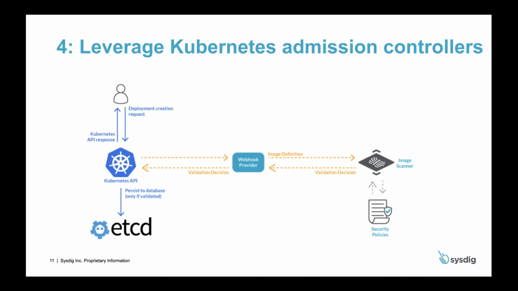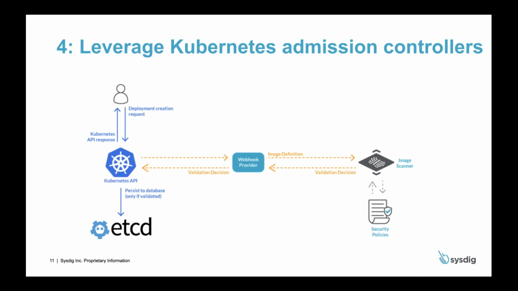The nice thing here is this will allow you to validate against any image that's being listed in the pod spec. So whether it's a public image or an image that you and your teams have created, the Kubernetes admission controller can serve as a gate that's in place before any workload is started within your Kubernetes cluster.